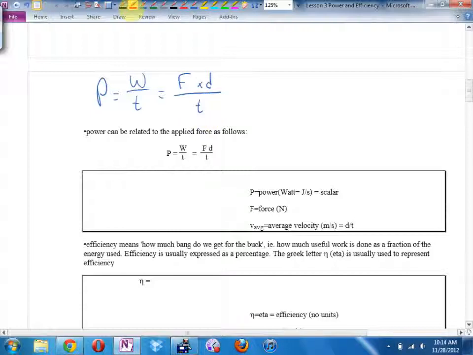Yes, Taylor? Look at those. What's distance measured in? Meters. What's time measured in? Hey, what is meters per second? You know what? Another way to think about power is force times average velocity.